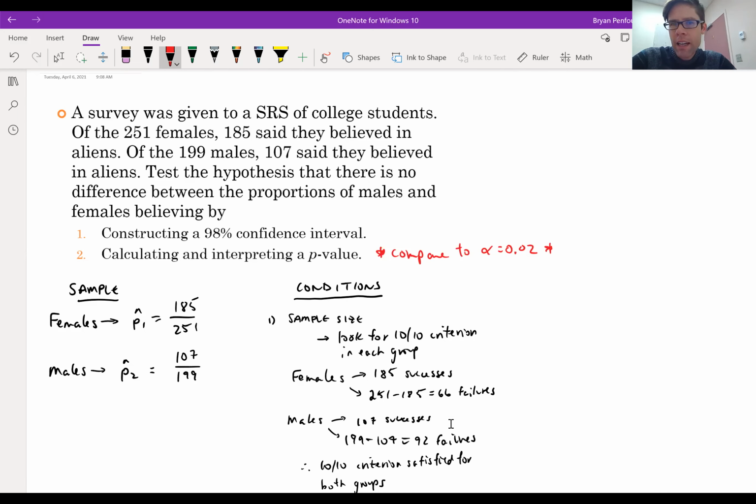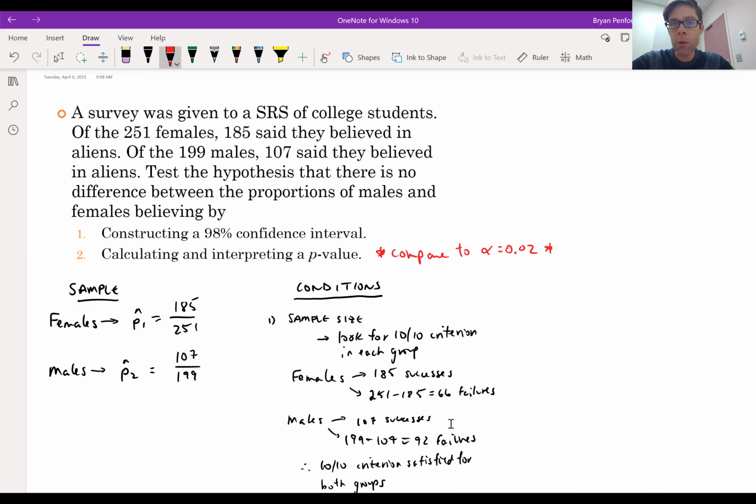In case you're watching anything online or reading the textbook, quite often we take an alpha number of 5%. This is typically what we've done so far with our hypothesis tests. But since we created a rather large interval, a 98% confidence interval, this would correspond to using an alpha number of 2%.